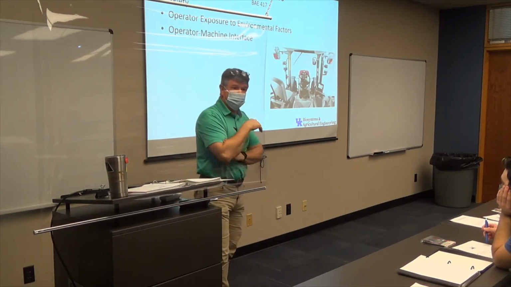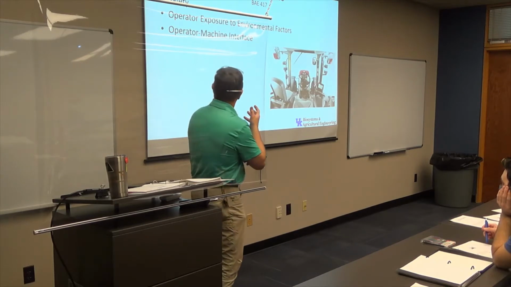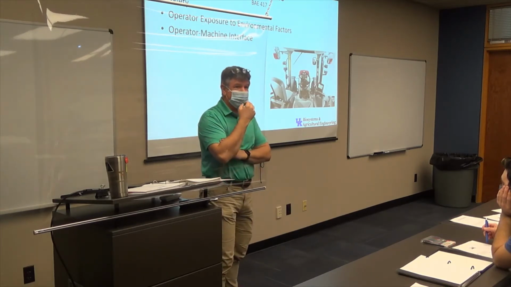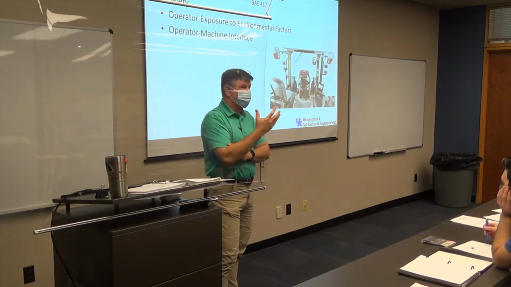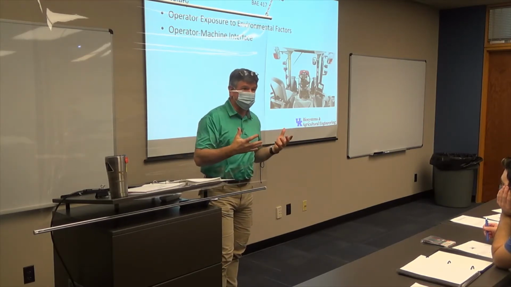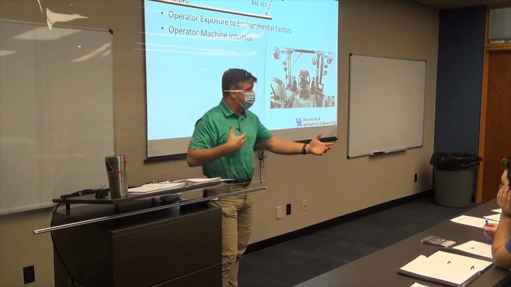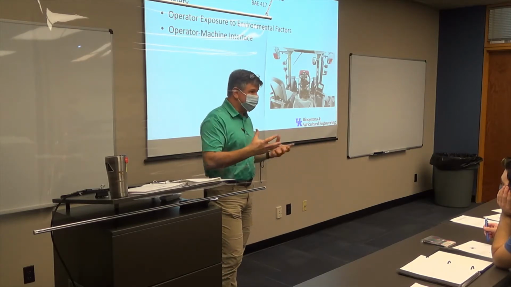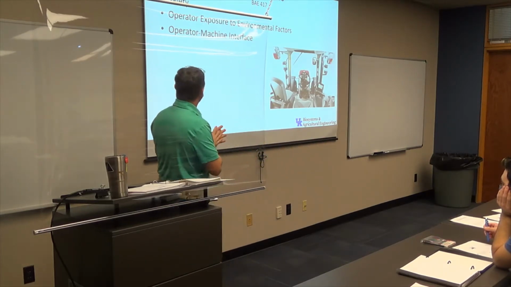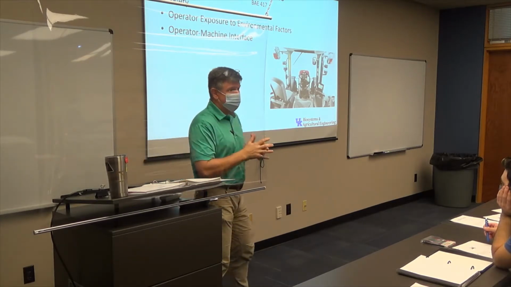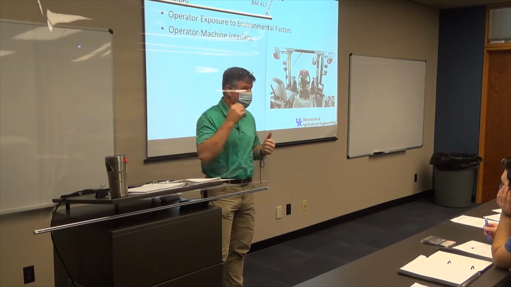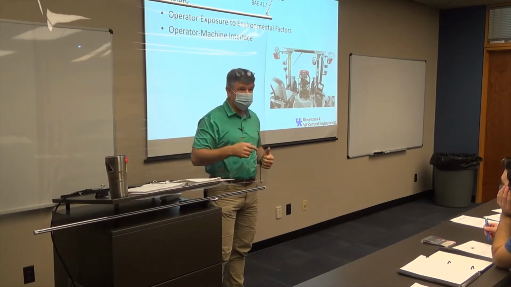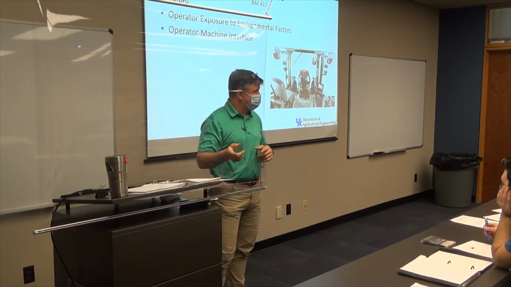Take a little bit of time and talk about operator exposure to environmental factors. So what things around the operator do I need to consider when I've got an operator that has to operate a machine or be in some kind of communication or touch with that machine. And then talk about that operator-machine interface, what it looks like, what has to go into designing that. Okay, so three topics that we'll hit pretty quick today. Set us up for next week.